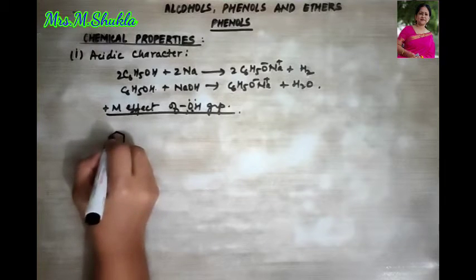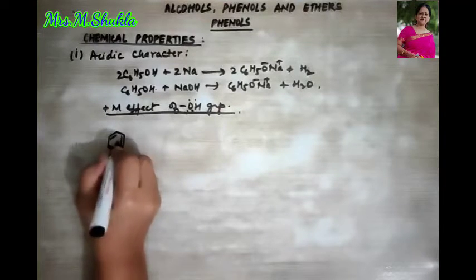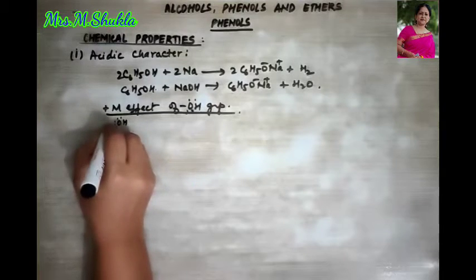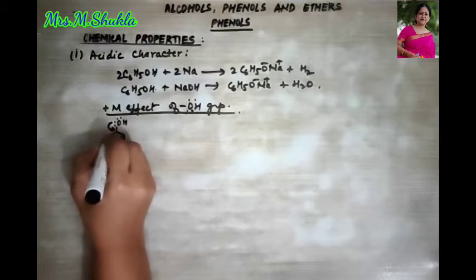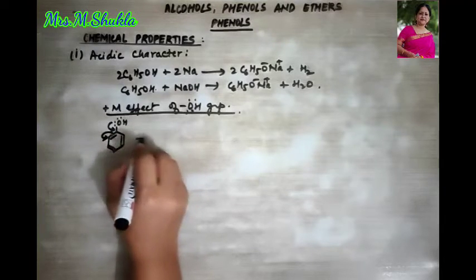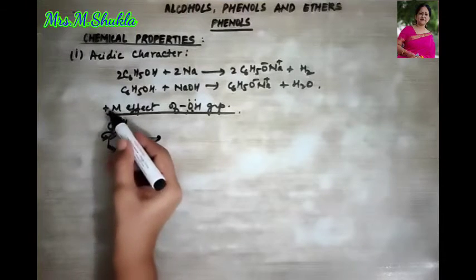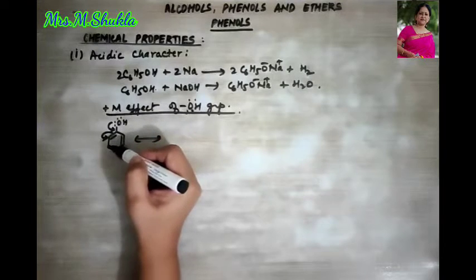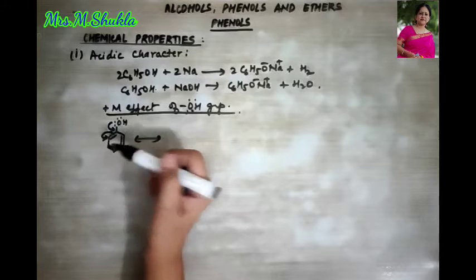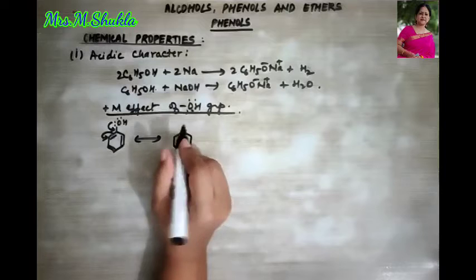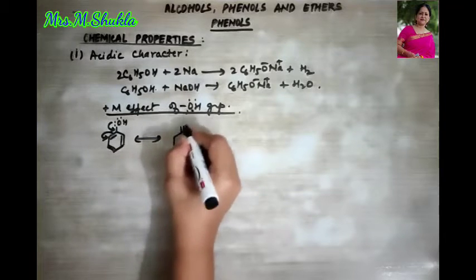So look over here carefully. This is your phenol, OH, right? This comes here. Then now see here, plus mesomeric means the lone pair is going to enter into delocalization with the benzene ring, and then what happens? The oxygen attains a positive charge over itself.